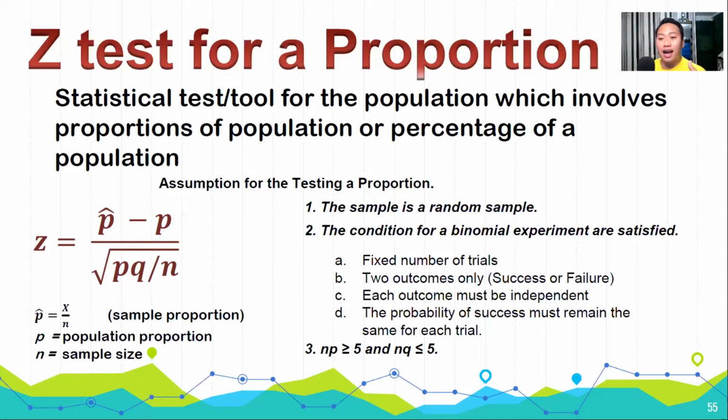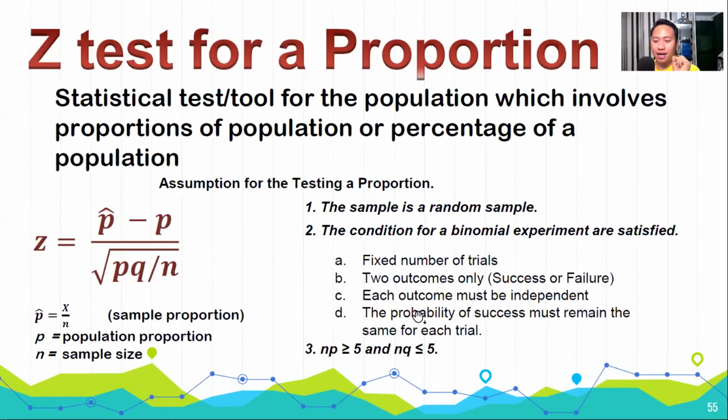And the other thing is that you're going to be using this if and only if the problem talks about percentage or proportion. So these are the qualifiers. The number of trials should be fixed, meaning to say there's a fixed number of trials, not infinite. Second, there are only 2 outcomes, considered as either success or failure, yes or no, happy or sad.